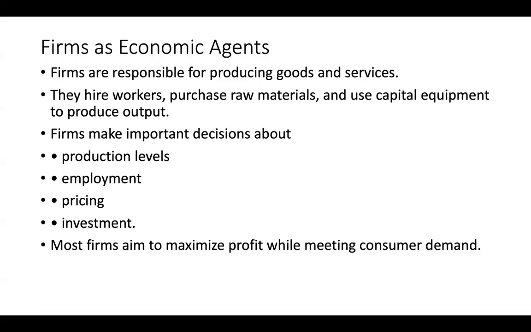Each of these firms produces goods or services that satisfy consumer needs. And what is the motive of providing such goods and services? Because they want to maximize profit and meet the consumers' demand.